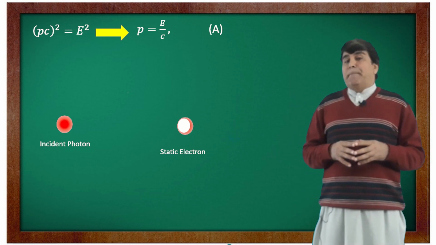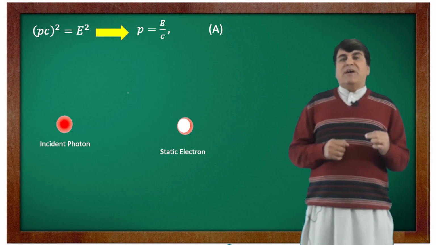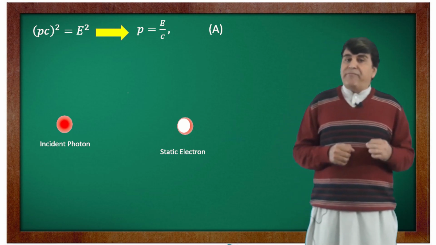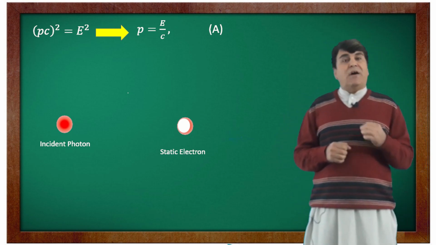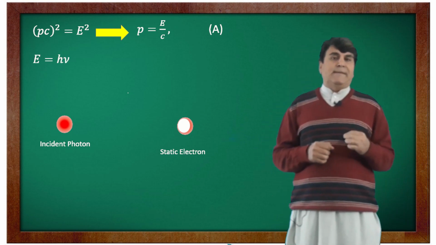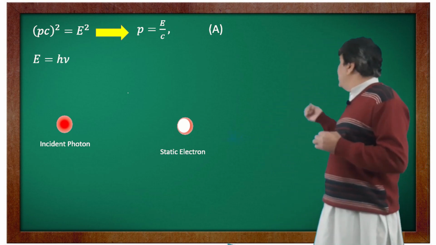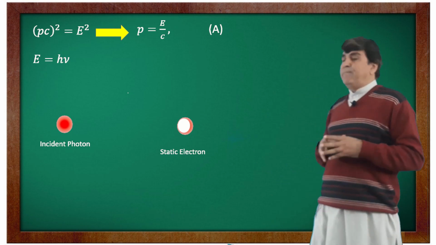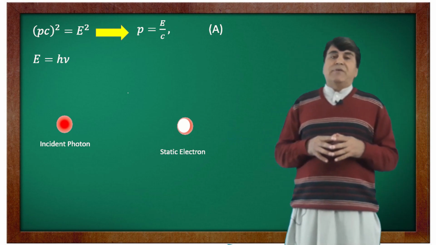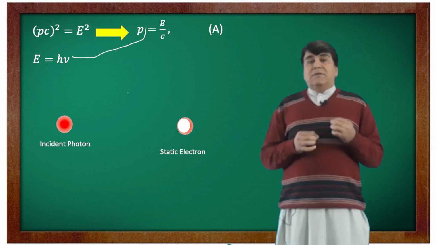Now let us merge Einstein's photon theory with this relativistic equation. According to Einstein's photon theory, the energy of a photon equals h times its frequency. That is, E equals h nu, where h is Planck's constant and nu is frequency of photon.